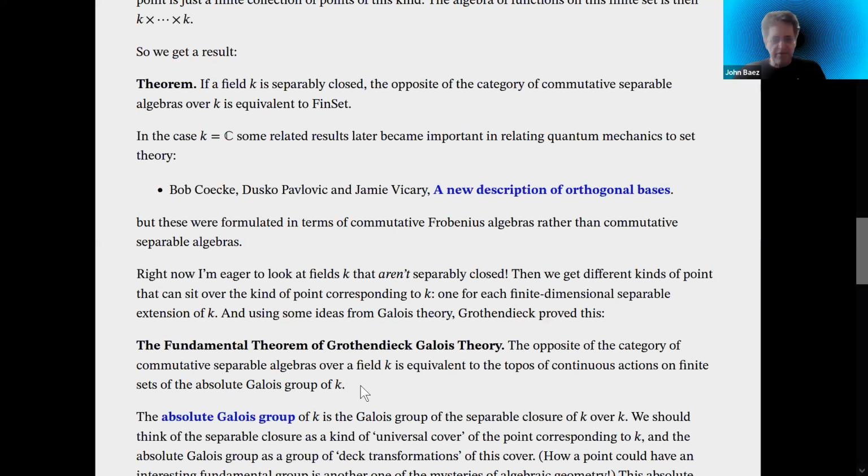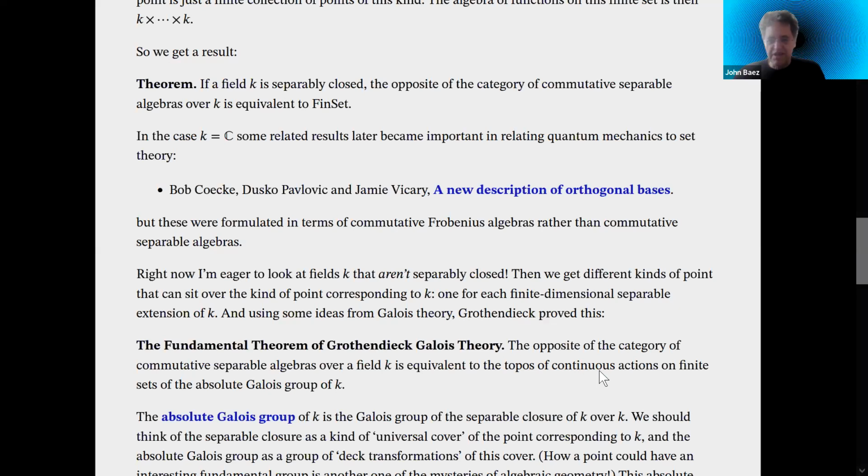Here we're using this trickery that the absolute Galois group is profinite, giving it a topology and then looking at continuous actions of it, to make it so that only the finite quotient groups of that big Galois group actually manifest themselves.